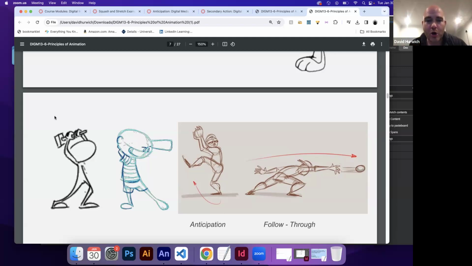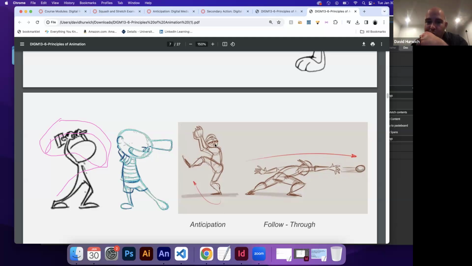Or another example is like here, the character swings the mallet or the hammer. They wind up, everyone's watching that wind up, and then you come down.